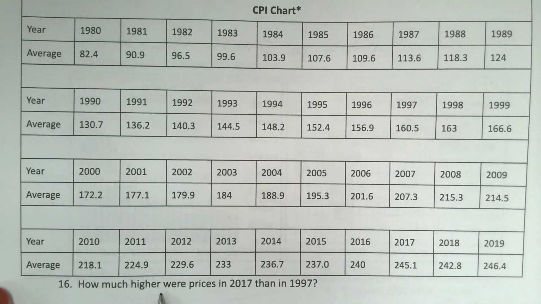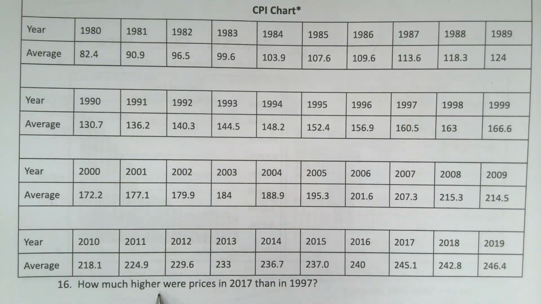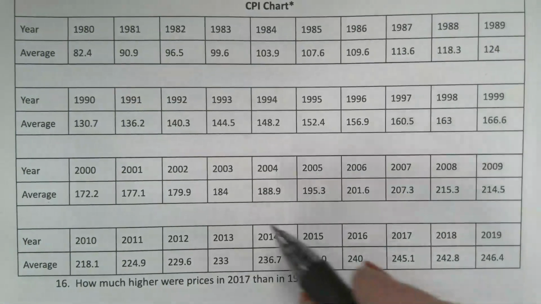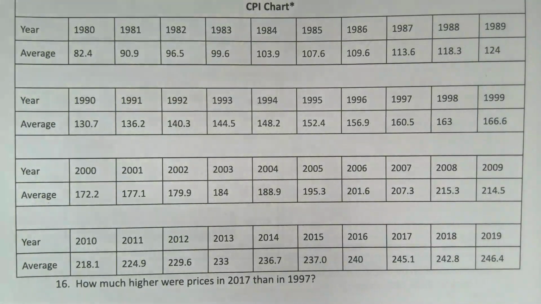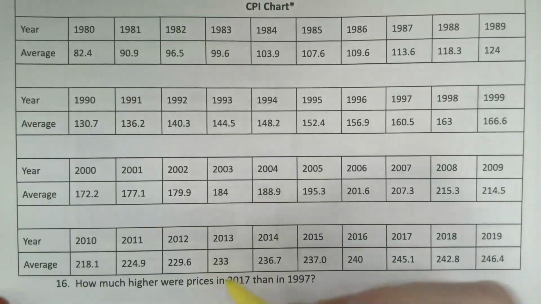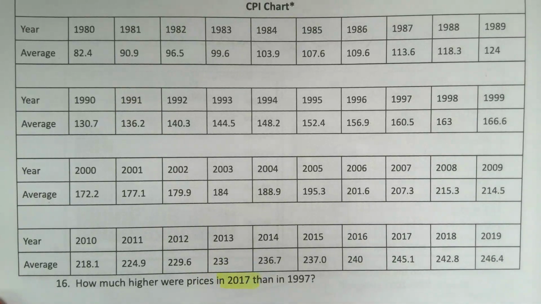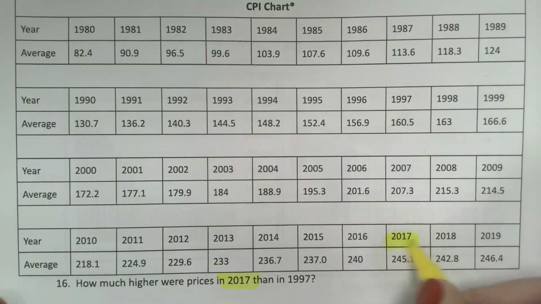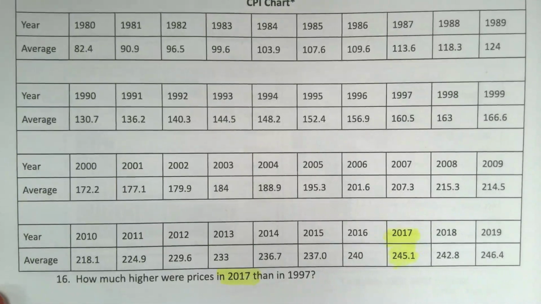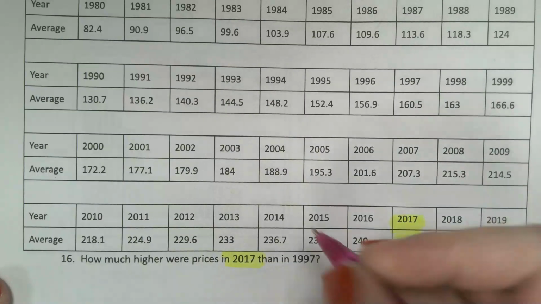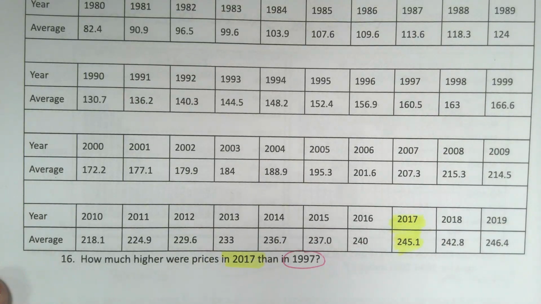This says, how much higher were prices in 2017 than 1997? All right, so I'm going to color code this. I have my 2017 prices, and I want to compare that to my 1997 prices.